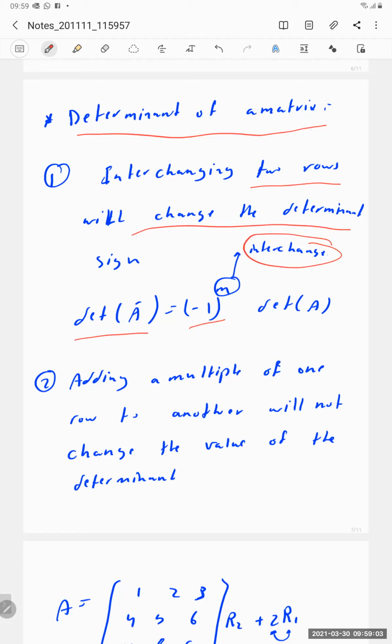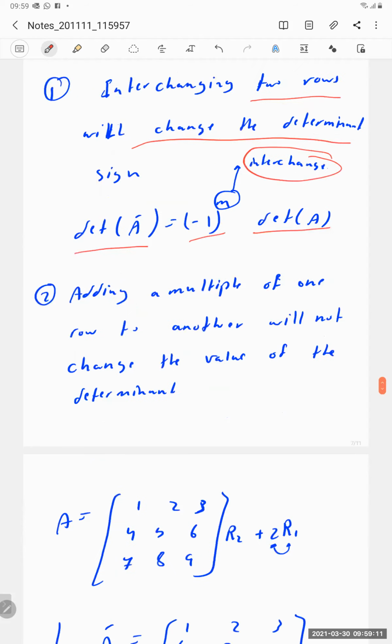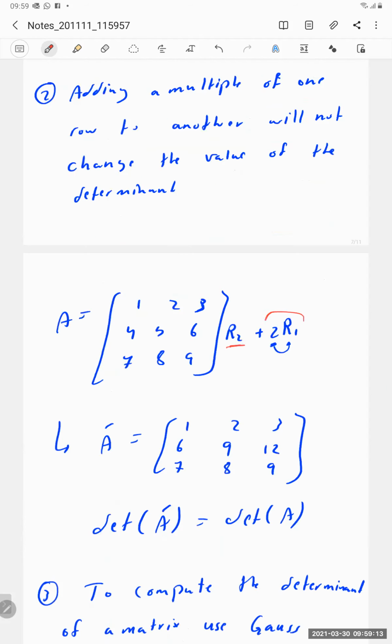Adding a multiple of one row to another will not change the value of the determinant. لما نيجي نعمل هون adding whatever مضاعفات of row to another row will not change the determinant. لو تيجي تطلع هون ال A عبارة عن this matrix، ال A prime اللي هو حاصل جمع الرو الثاني مع multiplication of مضاعفات ال R1، 2 times R1، تلاقي ال determinant of A prime المفروض تساوي the same as determinant of A.